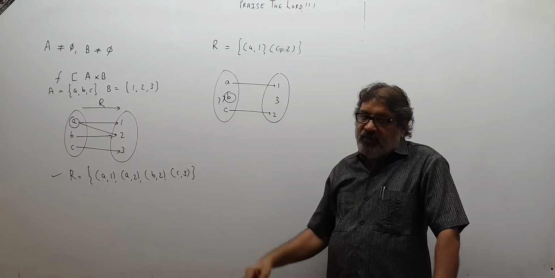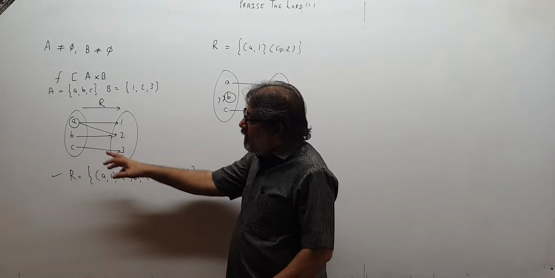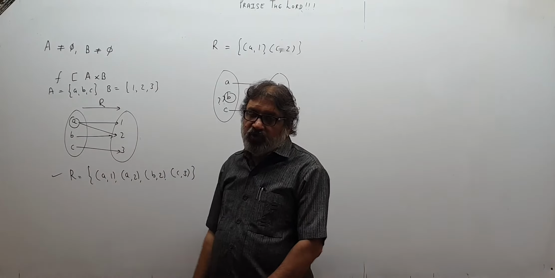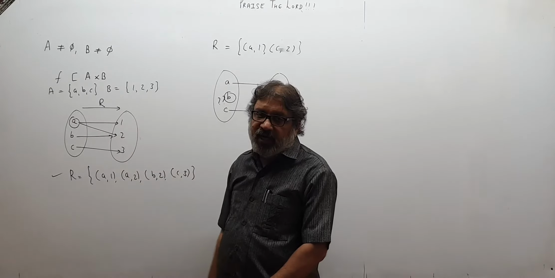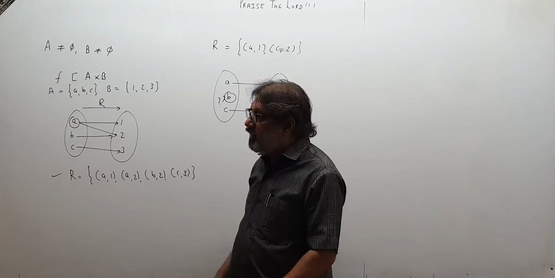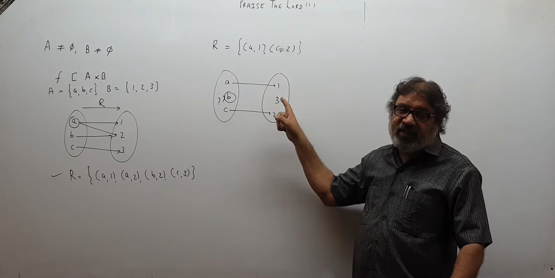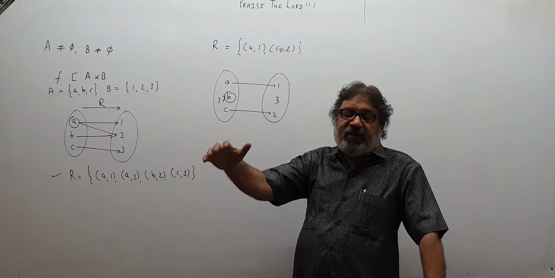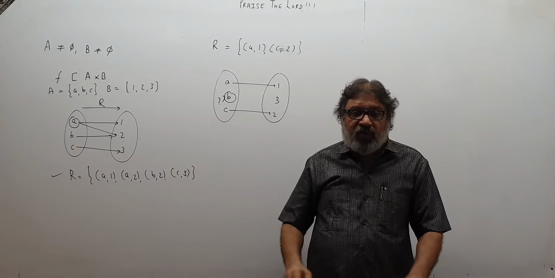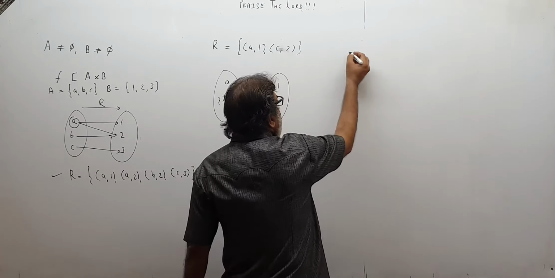For a function, every element of the left side should correspond to only one element on the right side. And "every element should correspond" means every element should be connected with some element on the right side. So what is the definition?